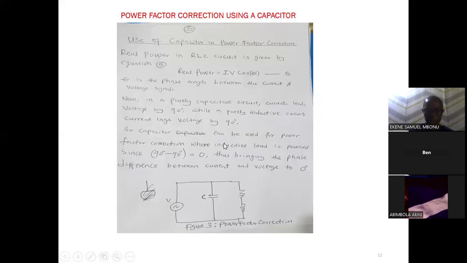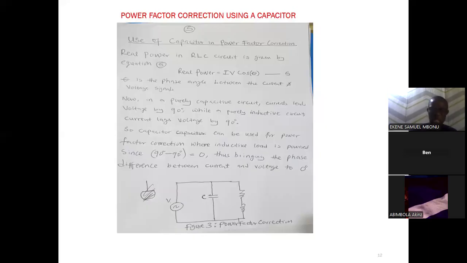The ideal value of power factor should be 1, because if the phase difference between the current and voltage is 0, then cos 0 is 1. As the phase difference begins to increase, the apparent power begins to increase, and then the real power, the system that needs to work, begins to decrease.